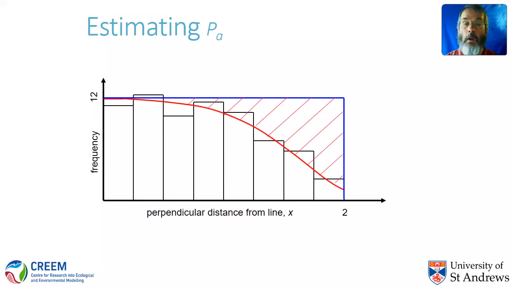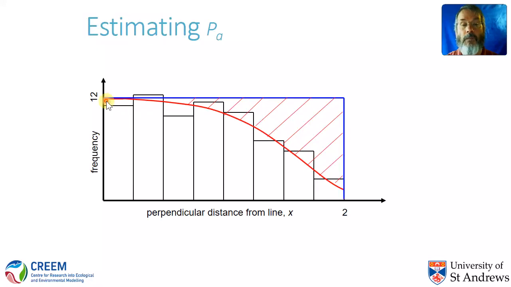So the secret to being able to estimate P sub A is to do a good job of fitting a curve, in this case depicted in red, to those observed perpendicular distance histogram bars. And so part of the analysis of distance sampling data is to fit a curve that's called a detection function to the observed data represented by this histogram.